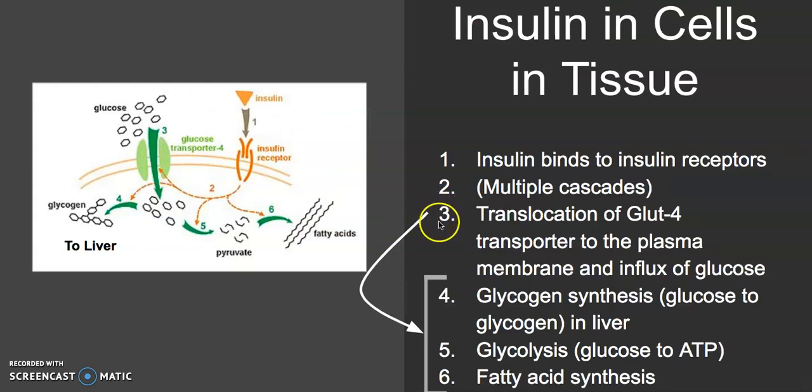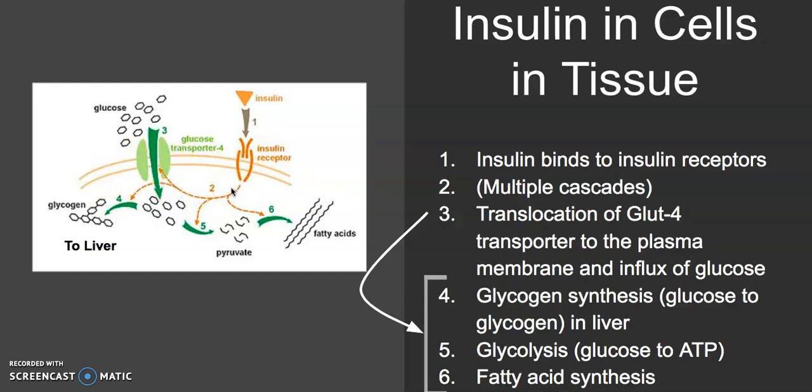First, it brings glucose into cells, and so there needs to be a way that things that are in the bloodstream actually go into cells. So this is the outside of the cell, and this membrane is the cell membrane, and this is into a cell.